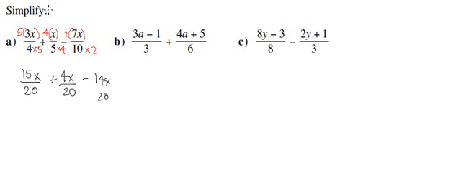Now that these are all 20ths, we can combine them into a single fraction. 15 plus 4 is 19, minus 14 is 5x over 20. Now you wouldn't want to give your answer like that. Do you see why not? Now that we have our 5 over 20, this is reducible. Both of those numbers can be divided by 5, or reduced by 5, we sometimes say, and that gives you x over 4.